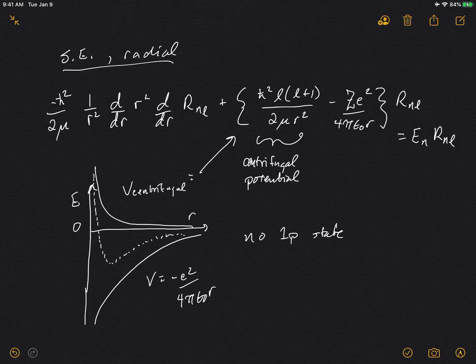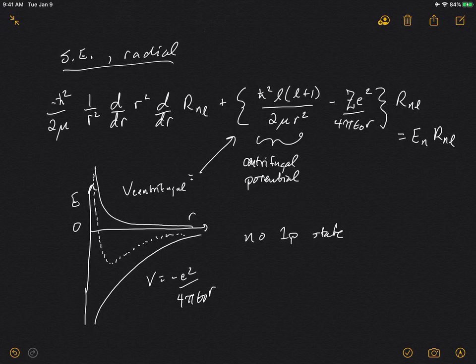It has associated with a small radius. These are small states in terms of their radial size. And at that small radius, the centrifugal potential would have too large a value, would swamp out the Coulomb potential.